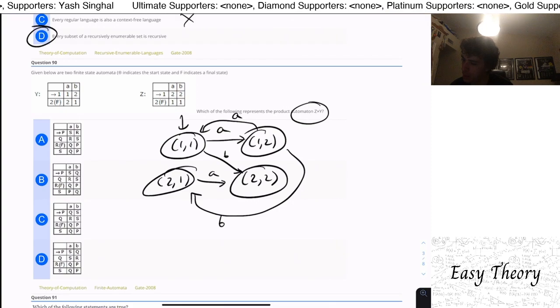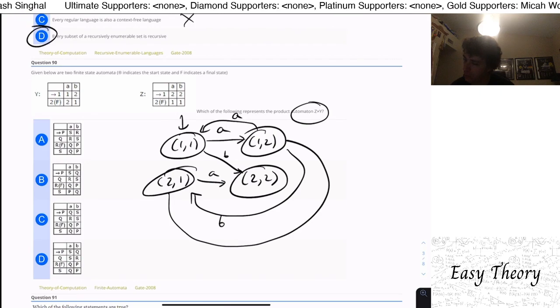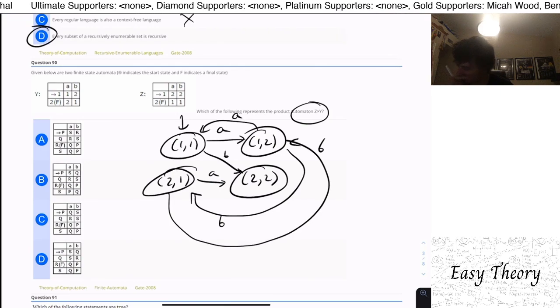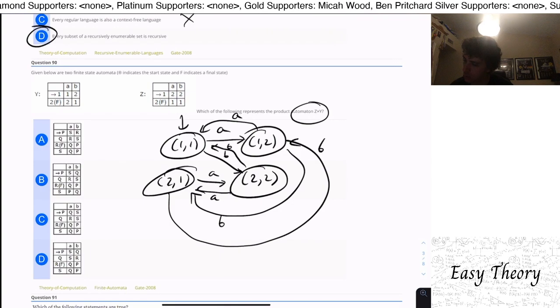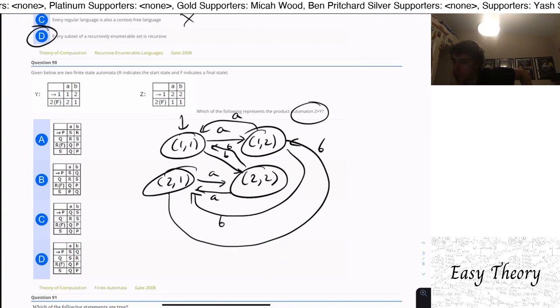On B, it takes us to 1, 2. Oh boy. 2, 2 on A takes us to 2, 1. 2, 2 on B takes us to 1, 1. So it's like a four cycle in some sense.